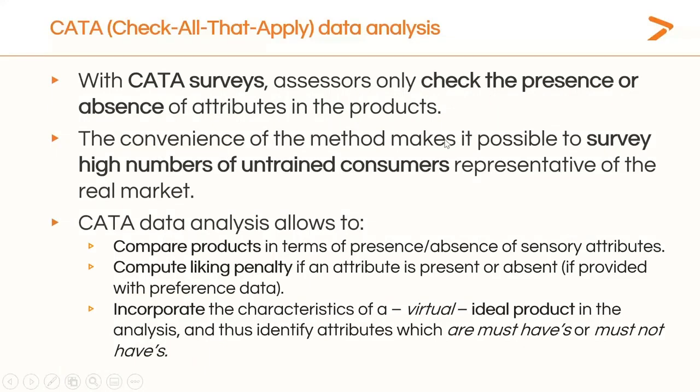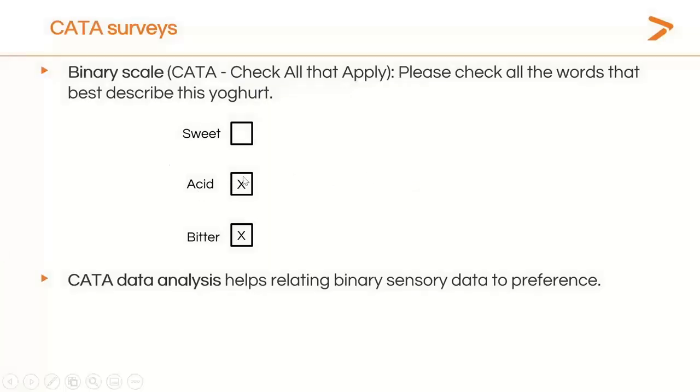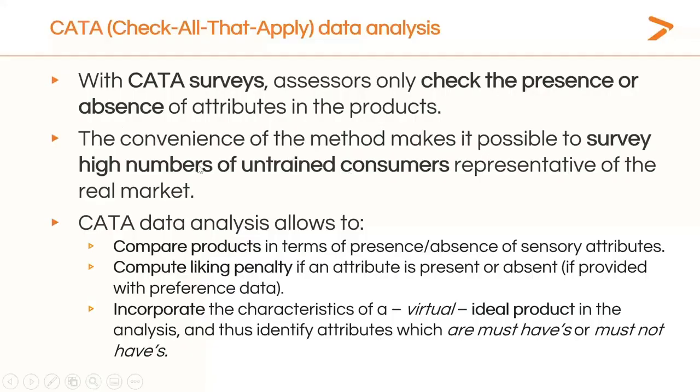The convenience of the method makes it possible to survey high numbers of untrained consumers, representative of the real market, which is a bit more complicated when it comes to penalty analysis or to external preference mapping. If the only task to do is to check the presence or absence of attributes, you don't really need deep training. So you can survey high numbers of real consumers from the market.